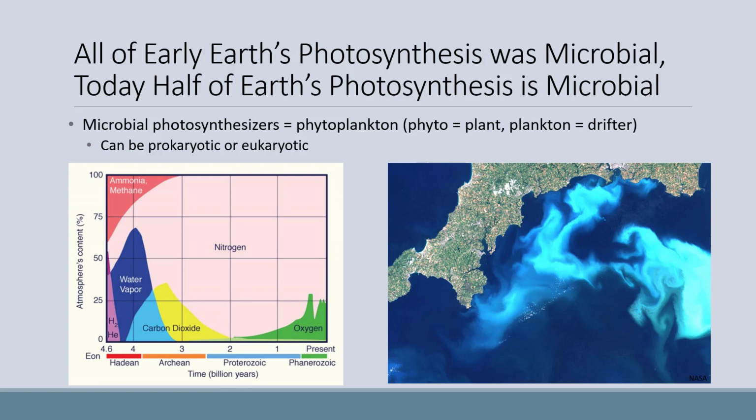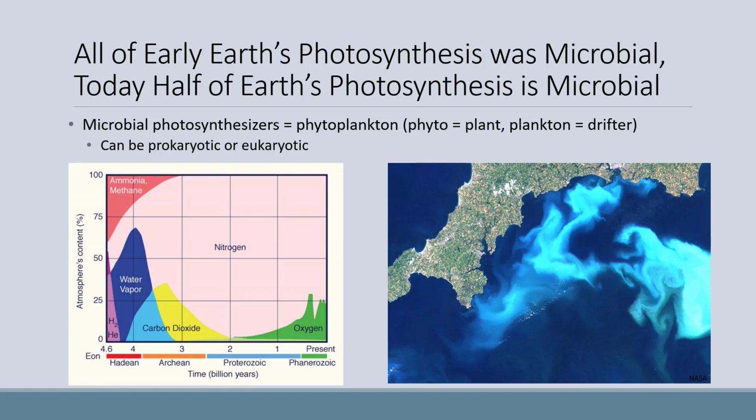Some are capable of movement, just not large migrations or swimming against currents. Cyanobacteria are prokaryotic phytoplankton. Several single-celled eukaryotes like diatoms, coccolithophores, and dinoflagellates are also microbial photosynthesizers, or phytoplankton. This particular picture is a satellite image of a coccolithophore bloom just southwest of the UK.